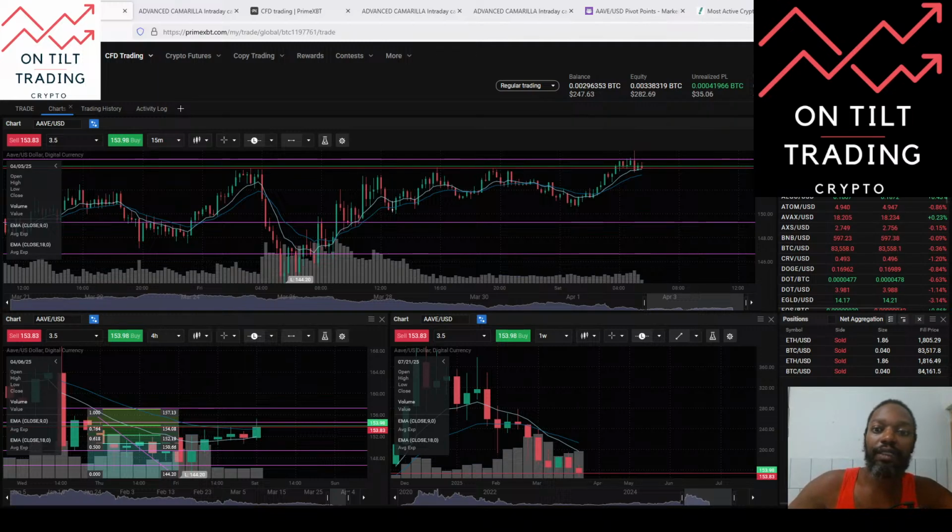Two things that I'm seeing: the Camarilla pivot system, which is incorporated into my trading system, is a short from R3 to S3. And to get some confirmation on this, when you see these blue lines, this dark blue line right here is the 18 exponential moving average.